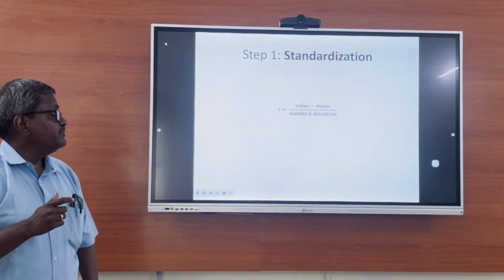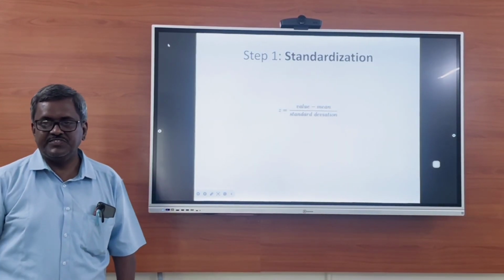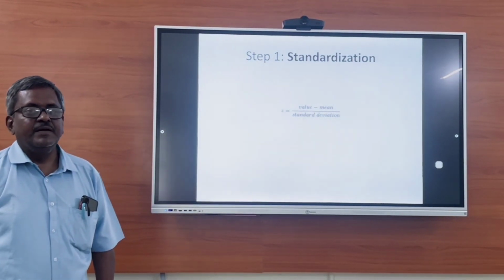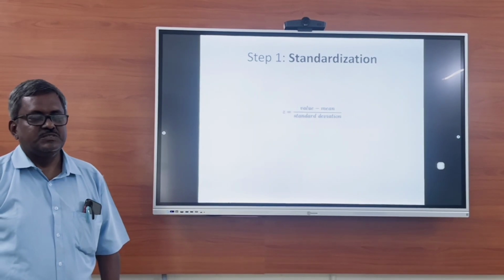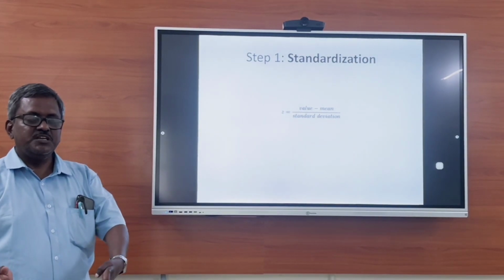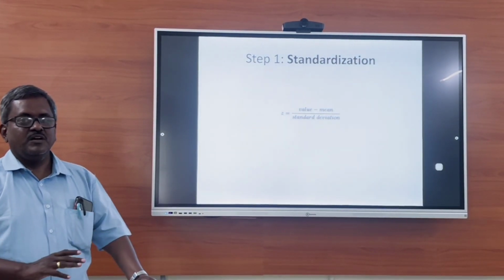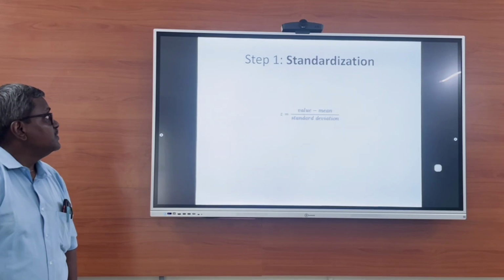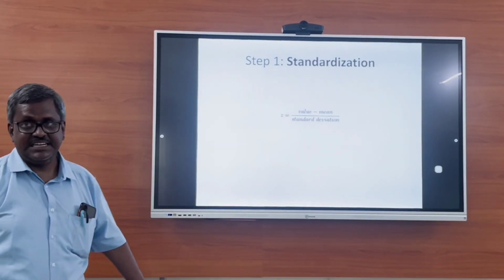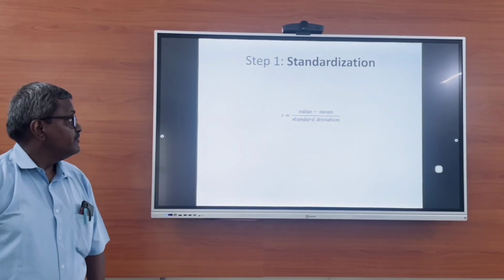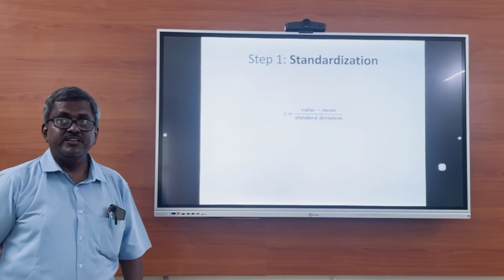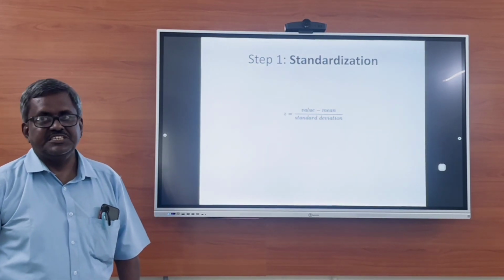So from each value of the attribute, we subtract the mean and divide the whole by standard deviation. So we will convert all the attributes to a standard form. That is why it is called standardization.